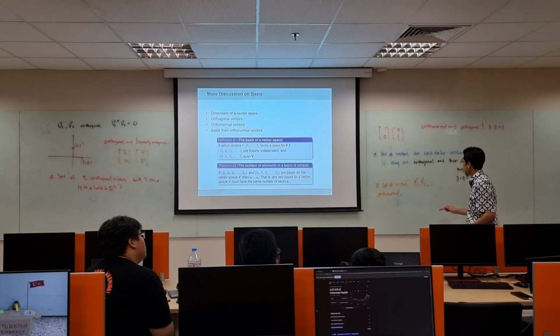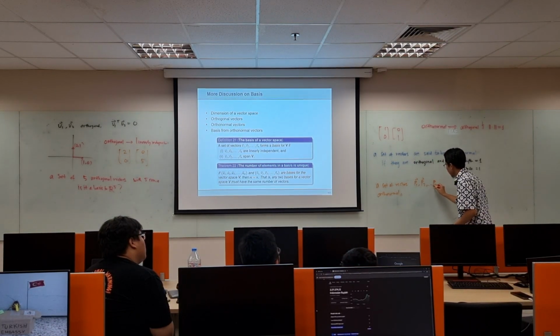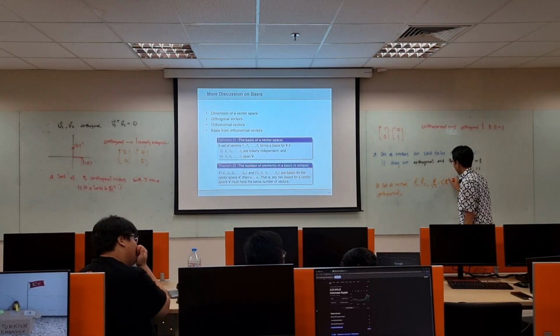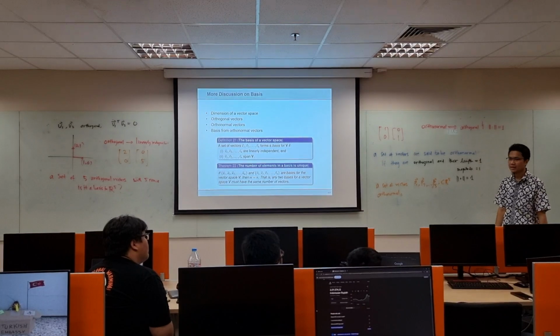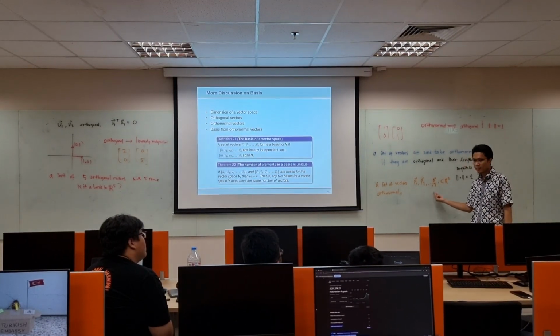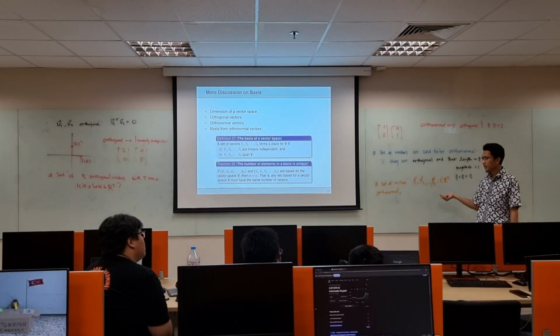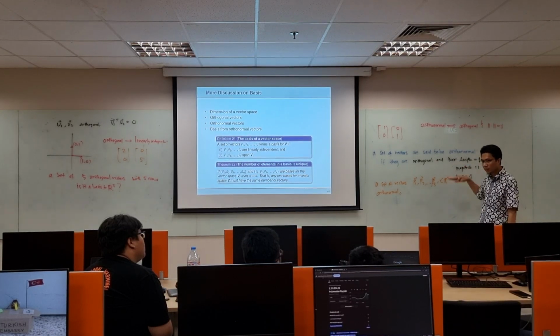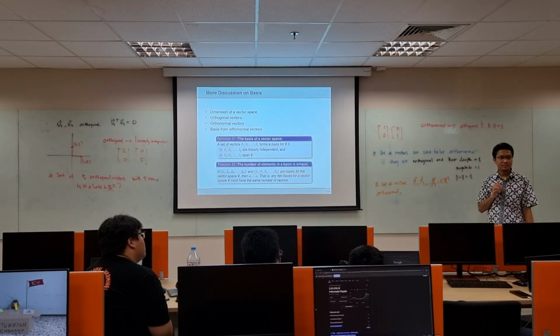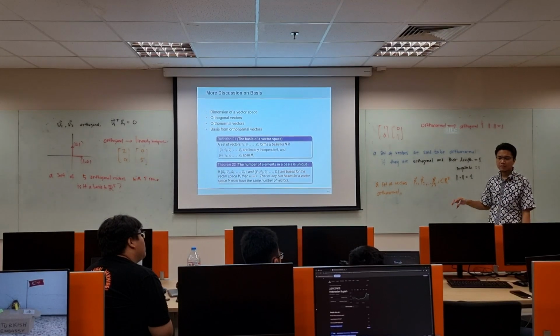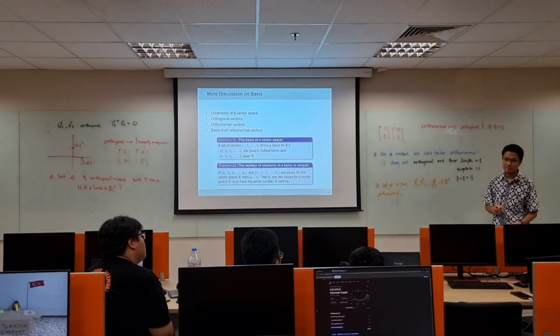Let me give a number. Let's say I have P1 to P5 only, and they are in R5. So only five vectors. They are orthonormal and they have 5 rows. R5 means 5 by 1, 5 rows, 1 column.